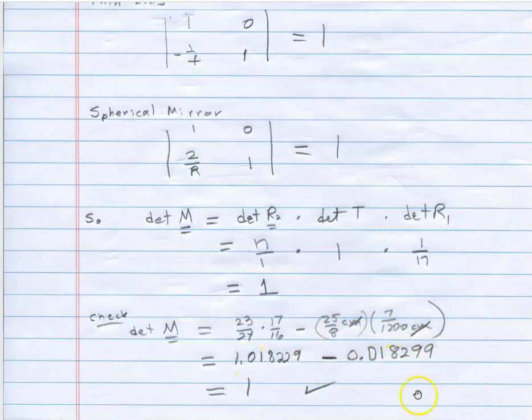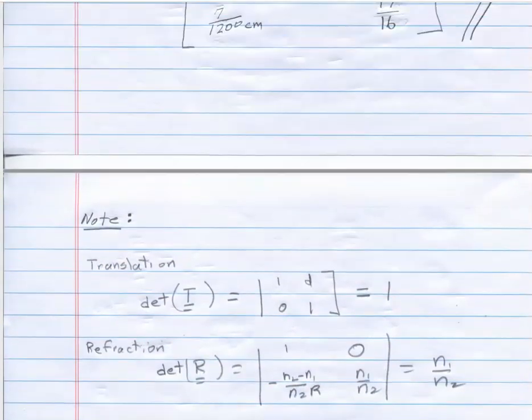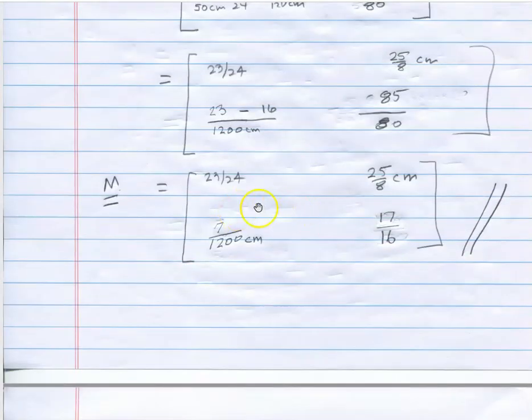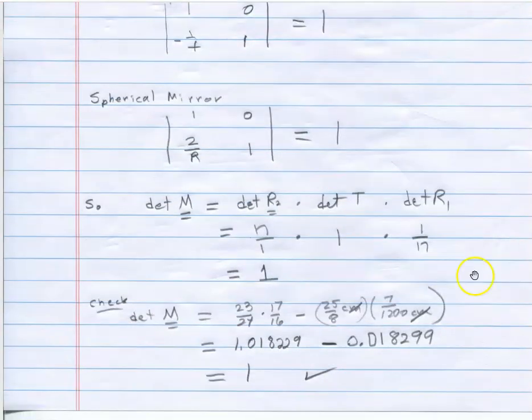And so when I subtracted, I got 1. And so I have some assurance that my final transfer matrix here is in good form. Usually, after I've checked things, I would turn all of these into a decimal form, but I won't do that here. So, typical kind of calculation in this matrix form.